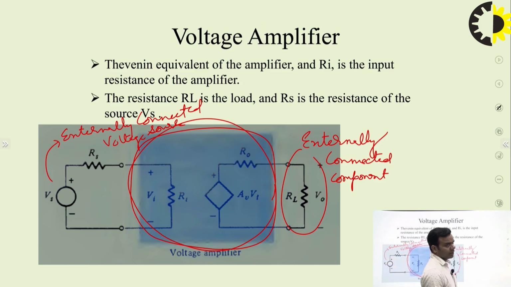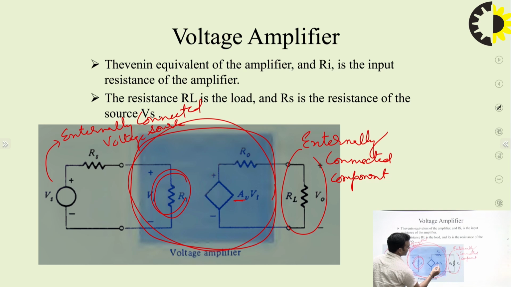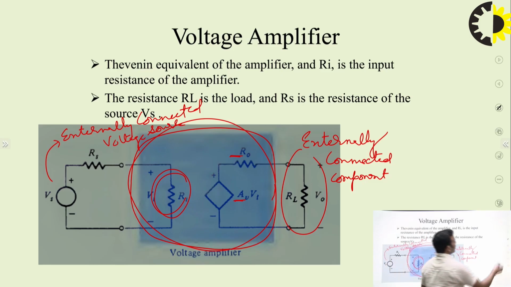And for any particular amplifier, Ri will be fixed, Av will be fixed, and Ro will be fixed. So now let us analyze this circuit. How does this circuit behave, and what is the significance of the various resistors like Ri, Rs, Rl, Ro? Let us talk about these one by one.